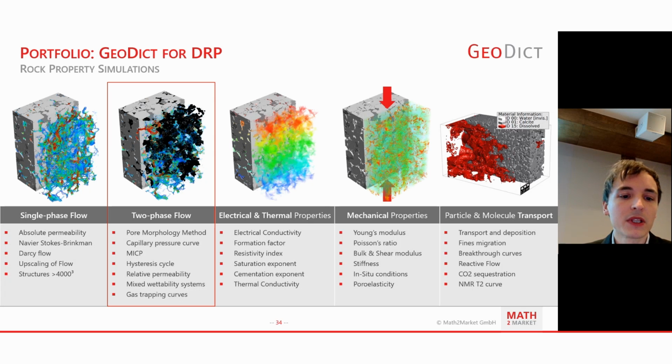We will cover the hysteresis cycle and how it is computed in GeoDict. We will cover relative permeability and also how it is computed and what conclusions can be drawn from the computations. I will cover mixed wettability systems and how to set them up, and also a short introduction about gas trapping curves.